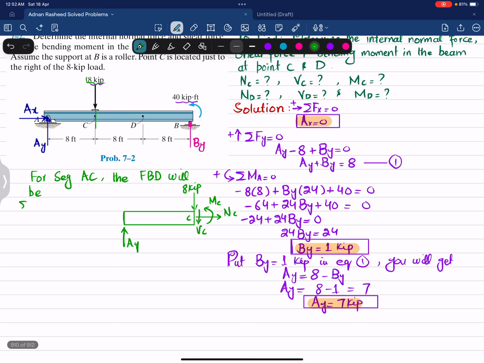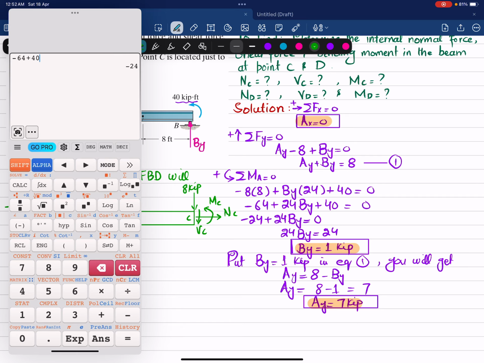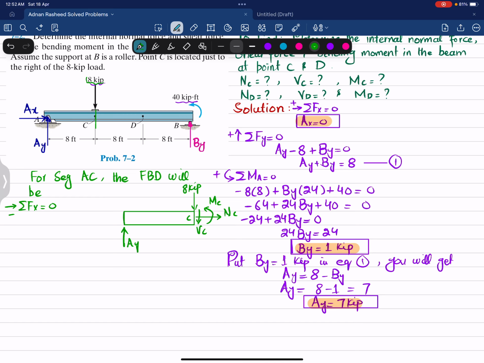For the horizontal force, we will apply the equation of equilibrium that the sum of all forces along the x direction must be equal to 0, and force toward the right is taken as positive. Only NC is acting horizontally, there is no other load, so it means that NC should be equal to 0. Now we'll apply the second equation of equilibrium for finding VC, that is, the sum of all forces along the y direction must be equal to 0, and upward force is taken as positive.